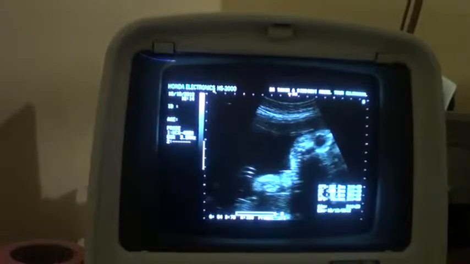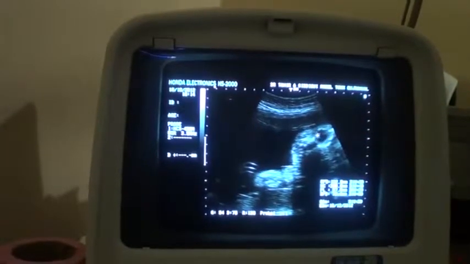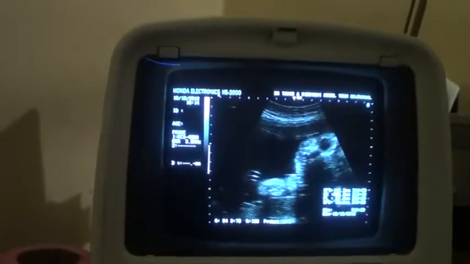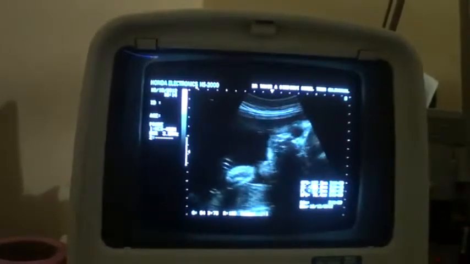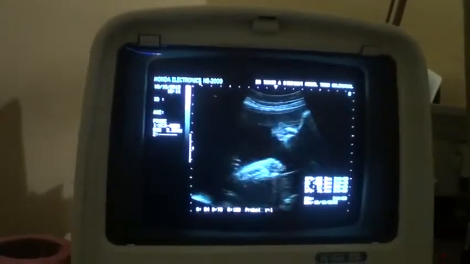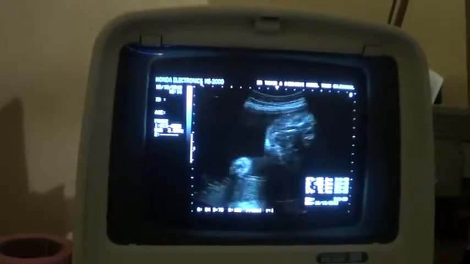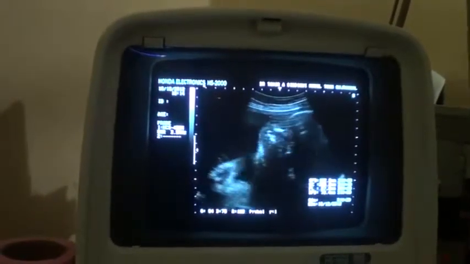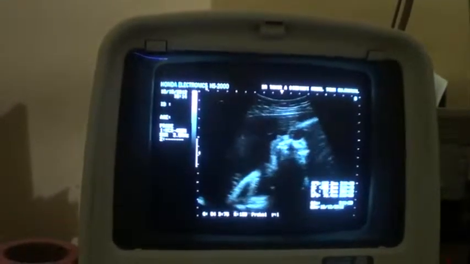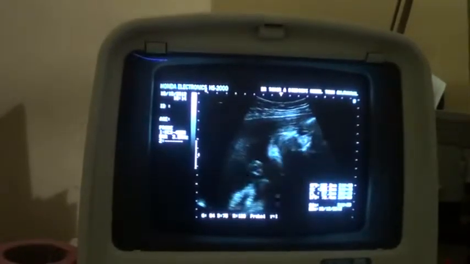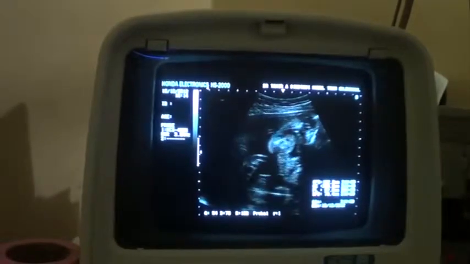This is the eye, and these are the facial features, which are normal. No anomaly is seen relating to the fetal face.